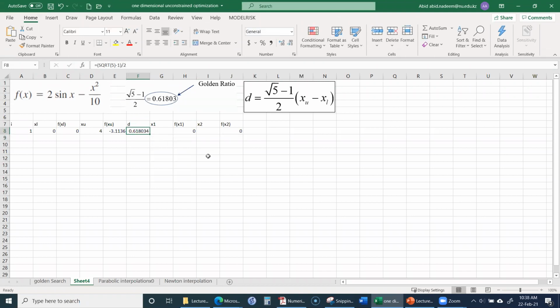It is 0.618. So this should be multiplied by XU minus XL. So it is 2.472.